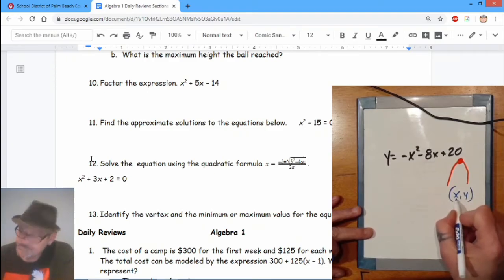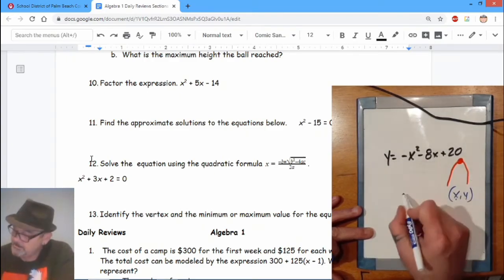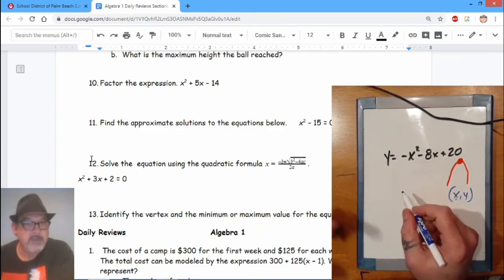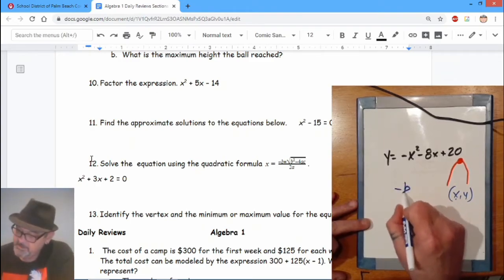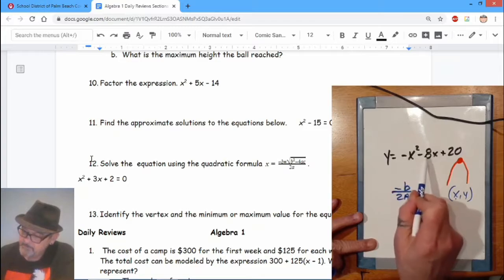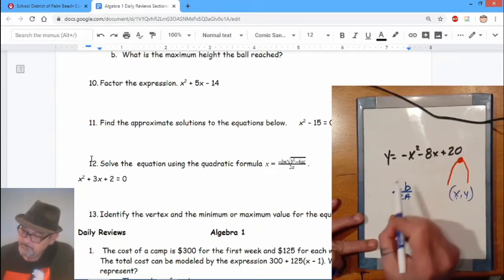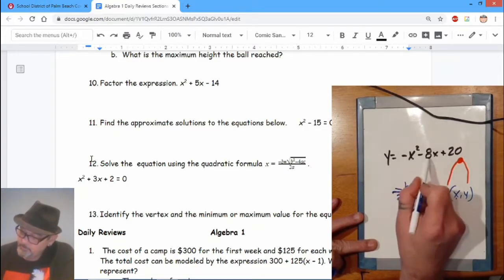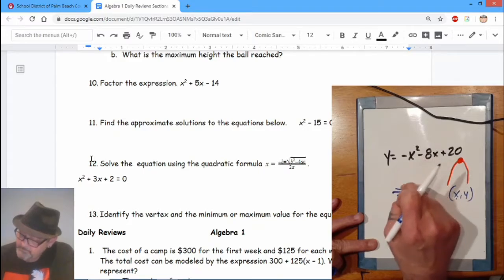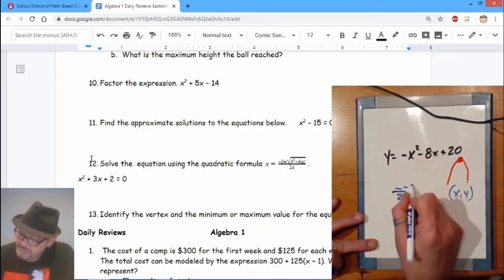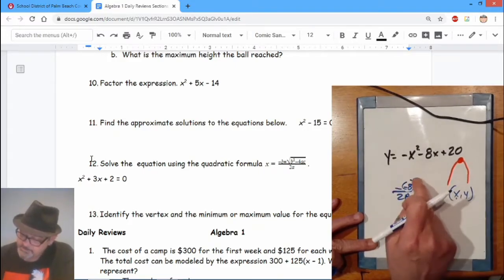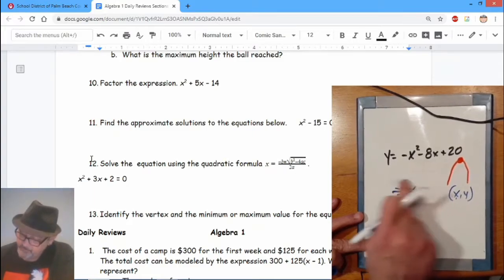To find the x value of this, it's a formula, it's a little one, but you have to memorize it. It's negative b divided by 2a. Here's my A, my B, and my C. Negative B. Well, B is negative 8. So this becomes negative 8, which a negative 8 would be a positive 8.